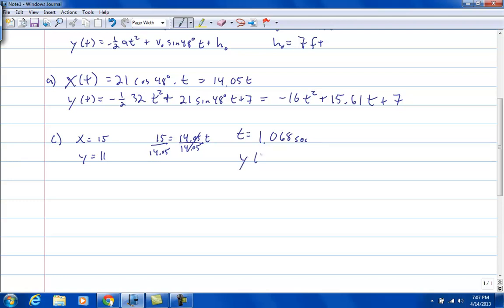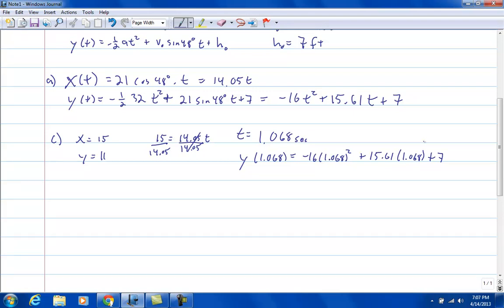So y of 1.068 is going to be negative 16 times 1.068 squared plus 15.61 times 1.068 plus 7. So it's negative 16 times 1.068 squared. Doing the calculator work now.